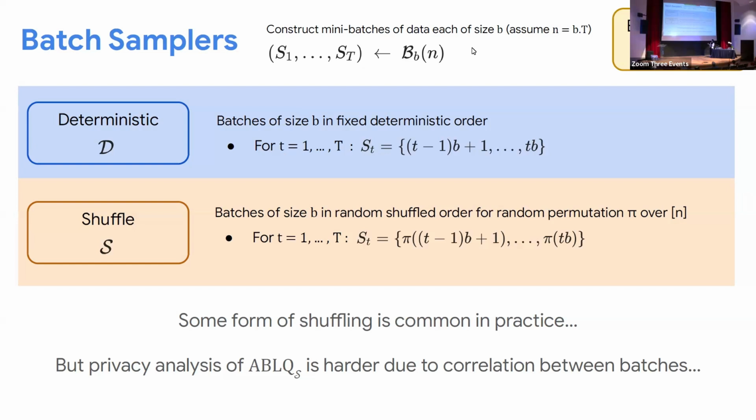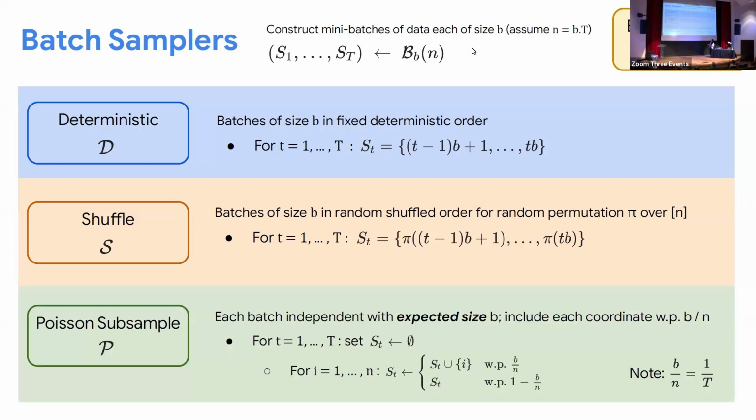But the privacy analysis of the shuffle batch sampler is actually more challenging because there's some correlation between the different batches. So it's actually hard to analyze. And so what people use most commonly in practice is Poisson subsampling to sample the batches. I think something like this was described in the previous talk.